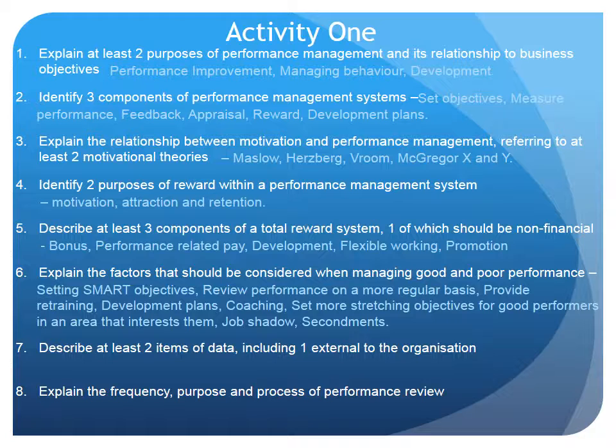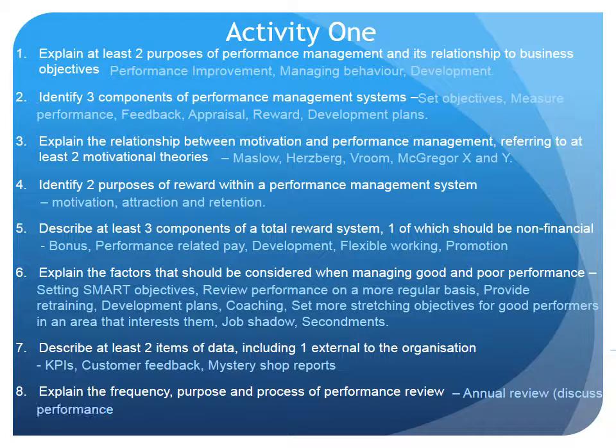Number 7 asks you to describe at least 2 items of data, including one external to the organisation. This could be key performance indicators or KPIs, customer feedback or mystery shop reports. And finally, number 8 asks you to explain the frequency, purpose and process of the performance review.